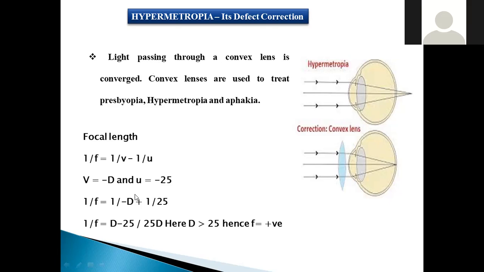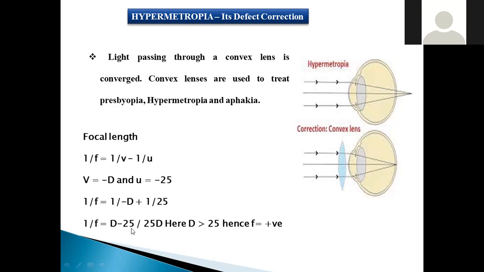Now let us calculate its focal length. The focal length for hypermetropia is given as: V is equal to minus D, U is equal to minus 25. So 1 by minus D, minus into minus will become plus, that's why 1 by 25.